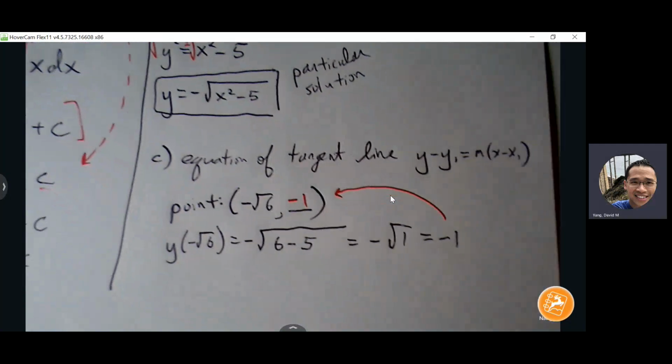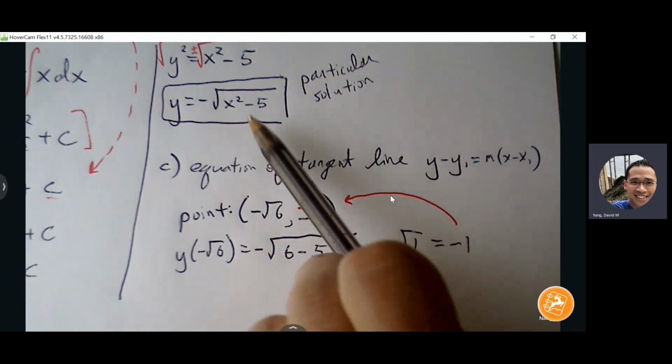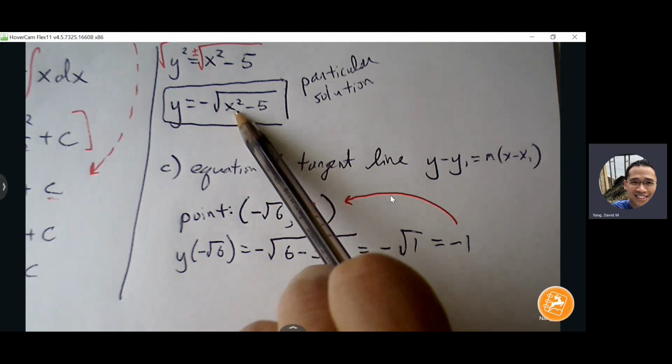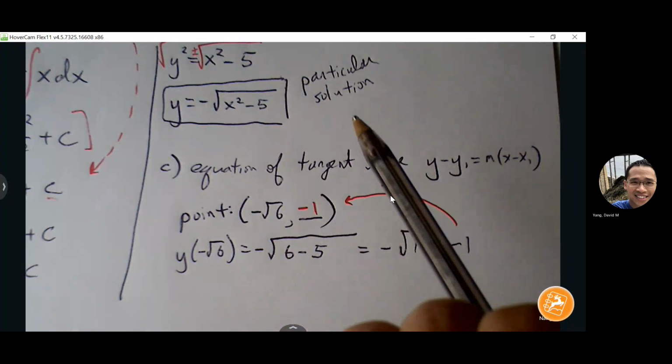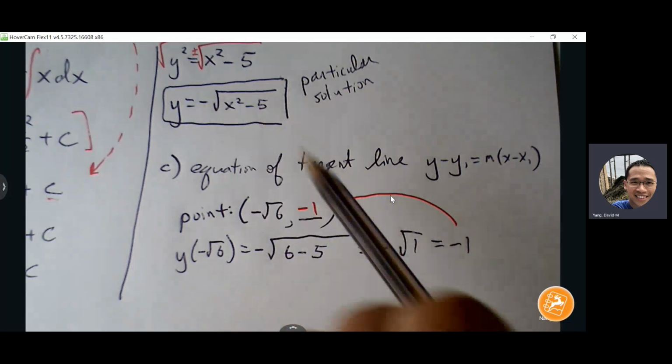So my ordered pair is (-√6, -1), because if I insert -√6 into the x here, I get (-√6) squared, which is just 6. 6 minus 5 is 1. Square root of 1 is 1. The negative carries over, so -1.